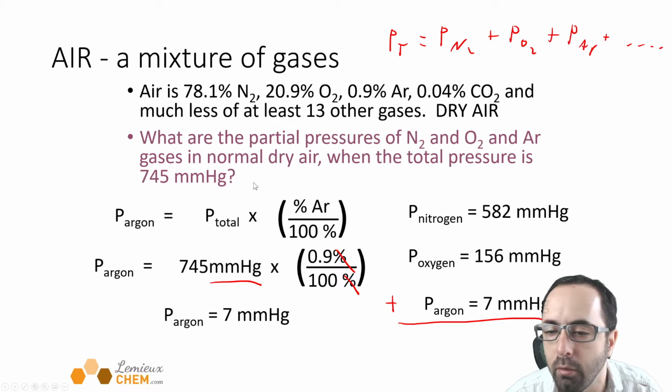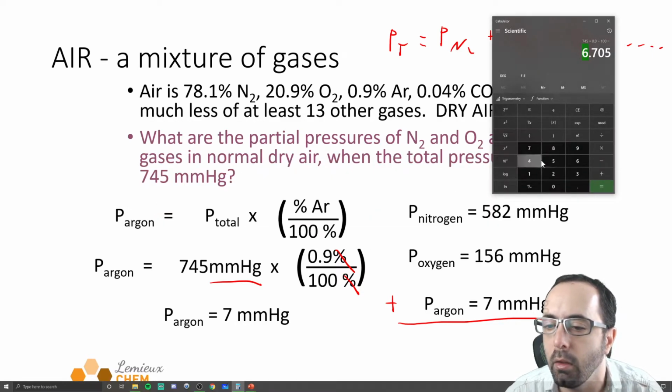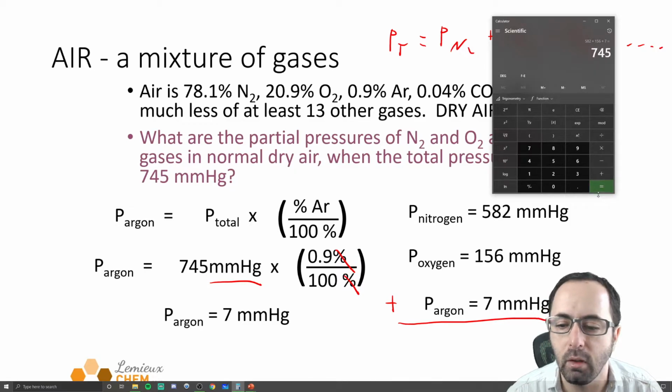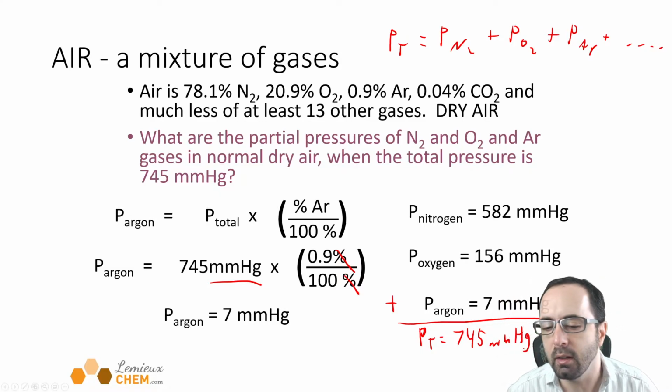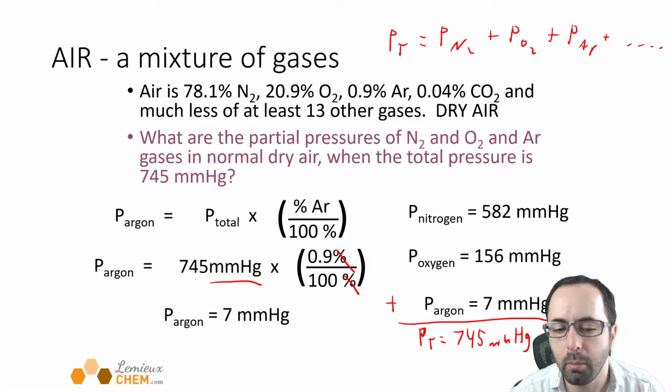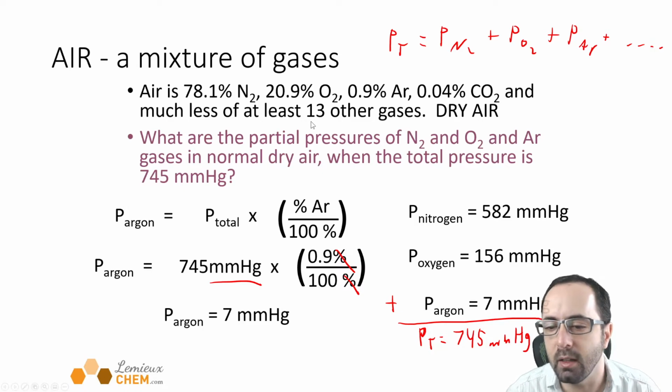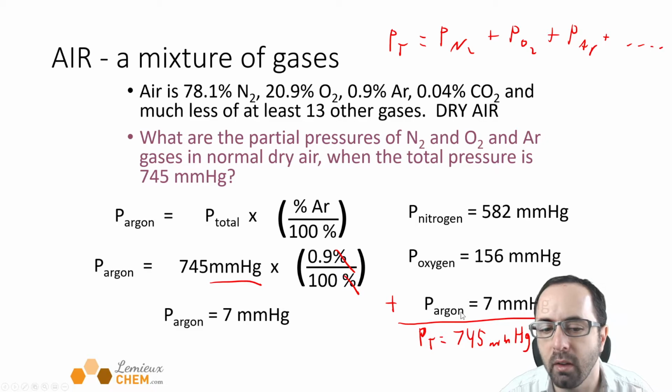Well, it should be 745 millimeters mercury if we did all our calculations right. 582 plus 156 plus 7, and that is 745 millimeters mercury. The total pressure is 745 millimeters mercury. So when you add all of the pressures together, again, you get the total pressure. And this is because if we add all these percentages together, they're nearly 100%. So we've got 100% of the gases.